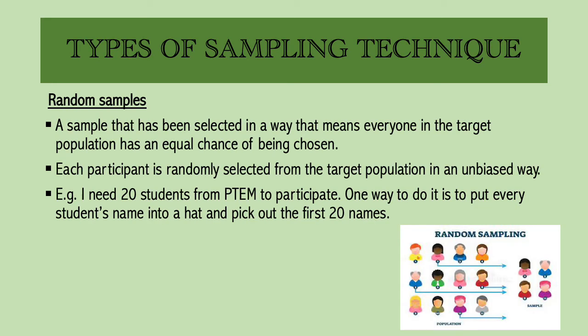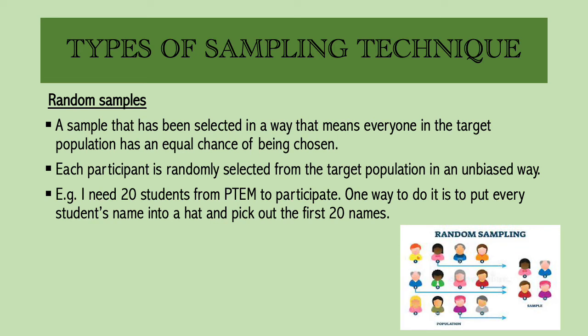Okay, so the third type of sampling technique is random sample. From the word itself, it means random. You are picking people randomly. If you go to the definition on the slide, it is a sample that has been selected in a way that means everyone in the target population has an equal chance of being chosen.